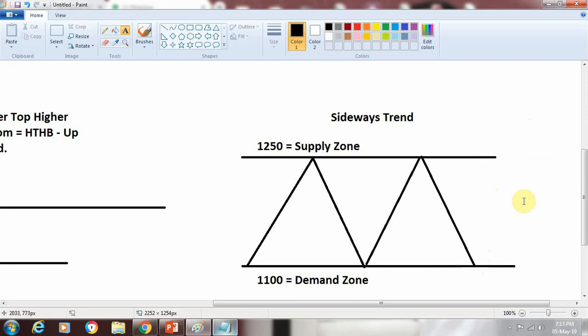Similarly, if the demand zone is broken, then it will form a lower top and a lower bottom. So while a trader is busy trading in the uptrend and downtrend, at the same time he is always watchful for the sideways to change into either an uptrend or a downtrend.